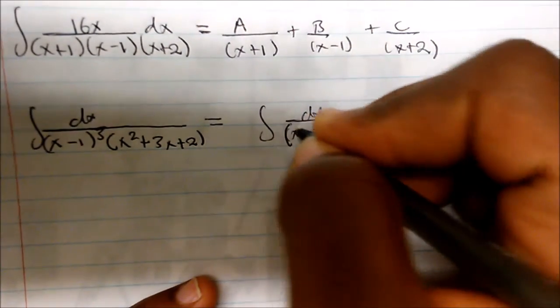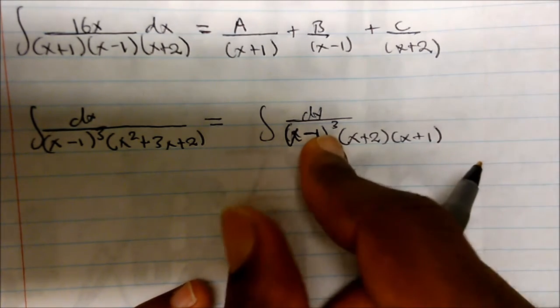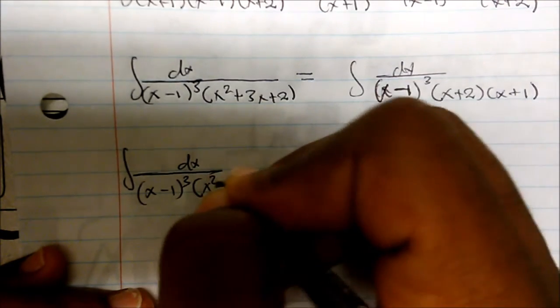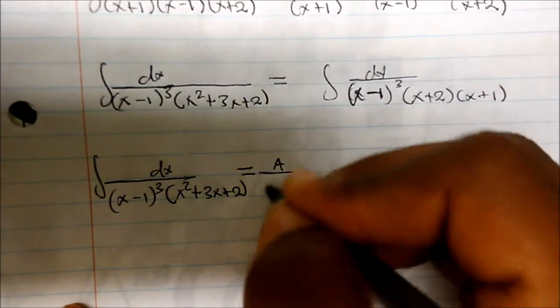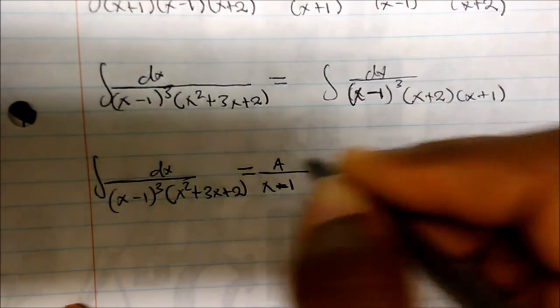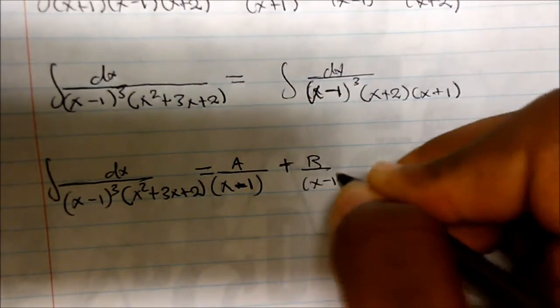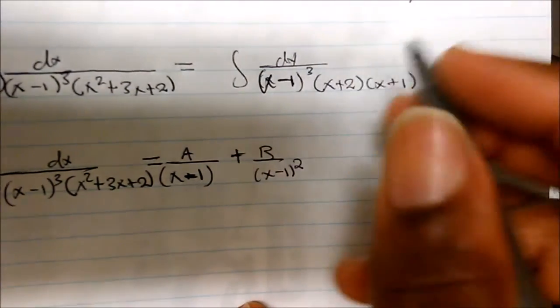Now this one is actually raised to the cube power, so this is in its most simplified form. And so how do we decompose this? We say the integral of dx over x minus 1 cubed times x squared plus 3x plus 2 is equal to A over x minus 1 plus B over x minus 1 squared.